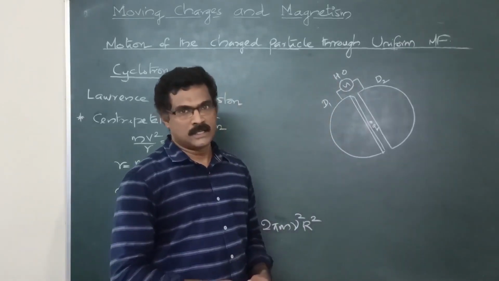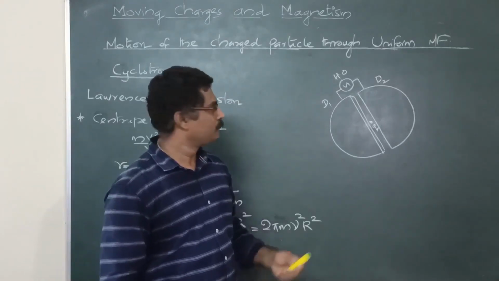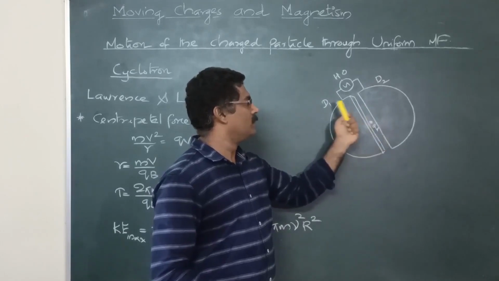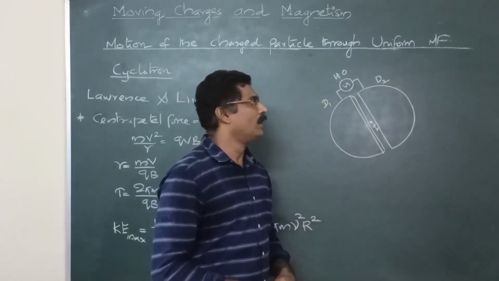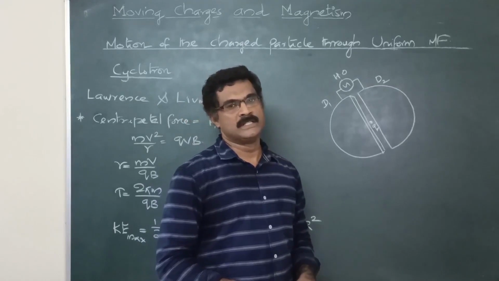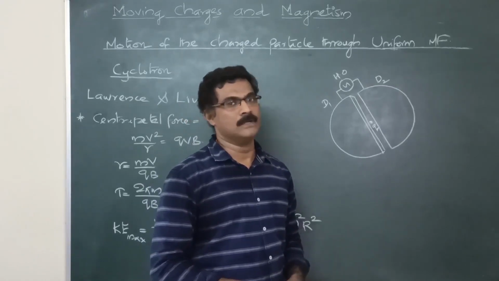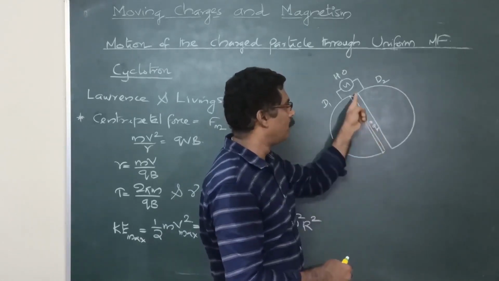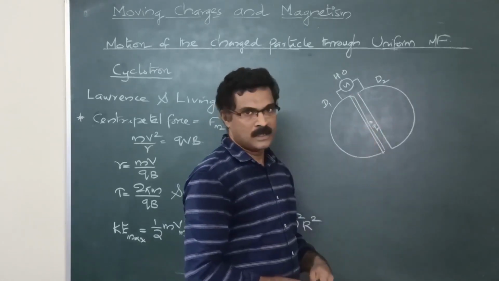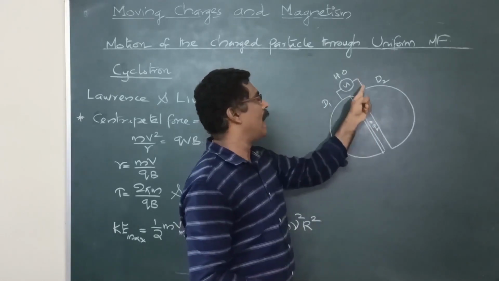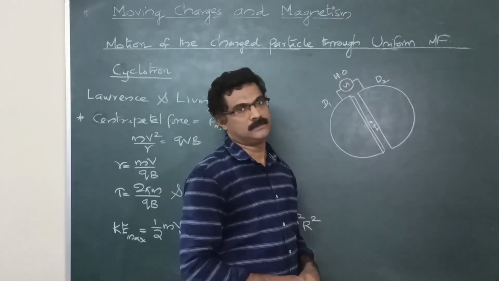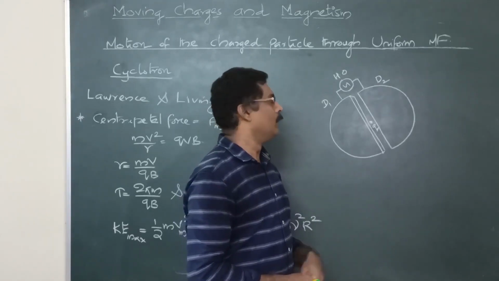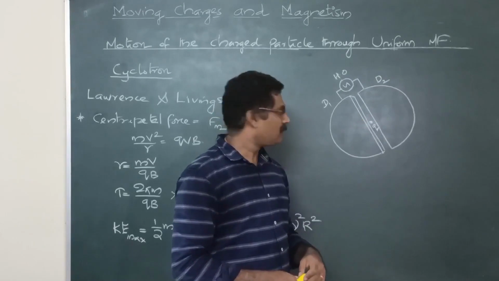Now let us discuss the construction of the cyclotron. The main parts of the cyclotron are D1 and D2, called Ds. These are two semi-cylindrical metallic chambers separated by a very small distance, and there is a small gap between the Ds. The Ds are connected to a high frequency oscillator to provide a high potential difference between the Ds.